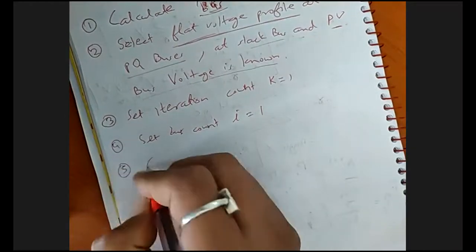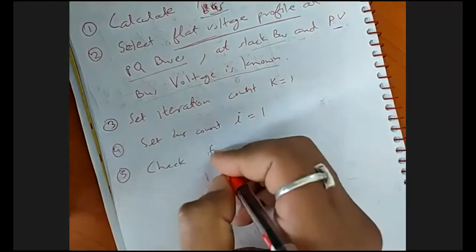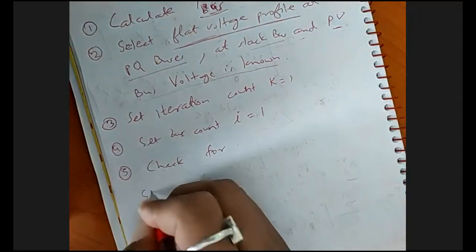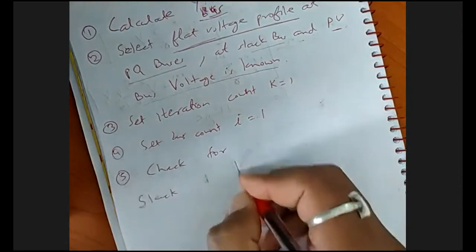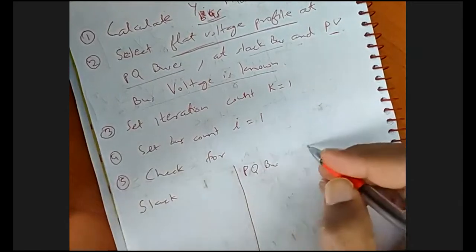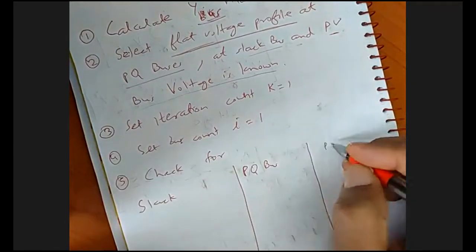Then we have to check first for the slack bus, then for the PQ bus, and then for the PV bus.